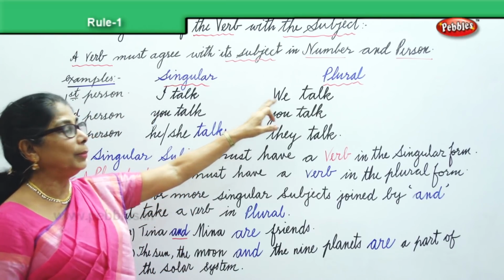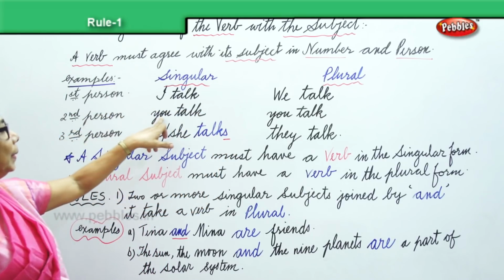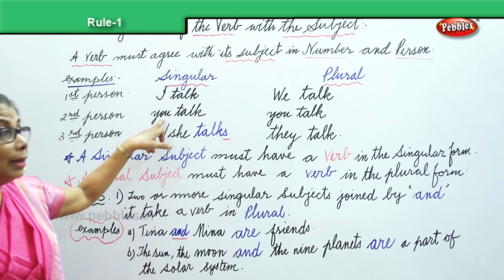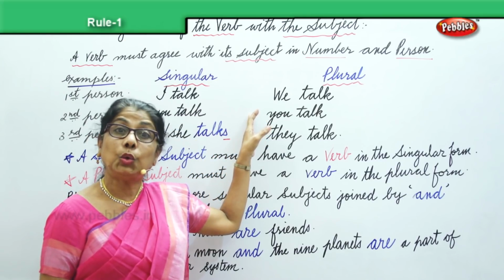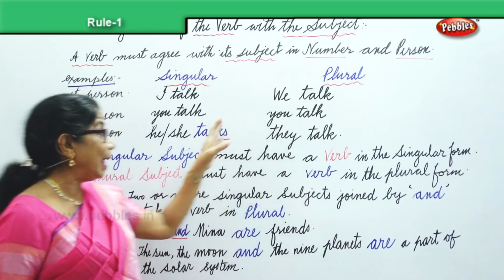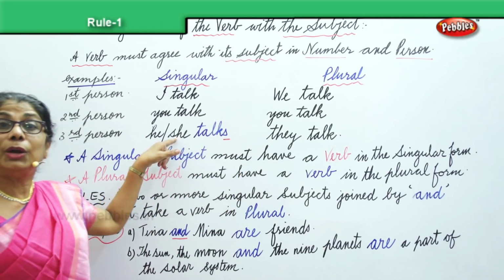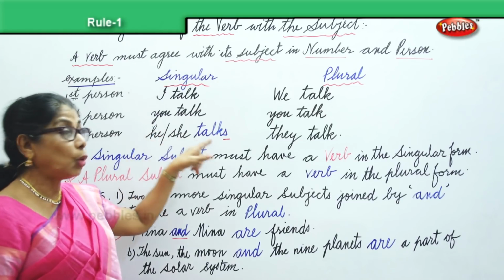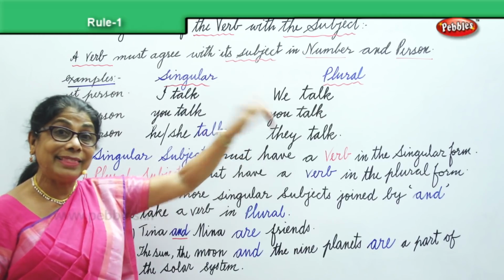Then in plural form we say, we talk. In the second person we say, you talk. Again, in the plural we say, you talk. And in the third person, he or she, we say, he talks, she talks. And in the plural form, we say, they talk.